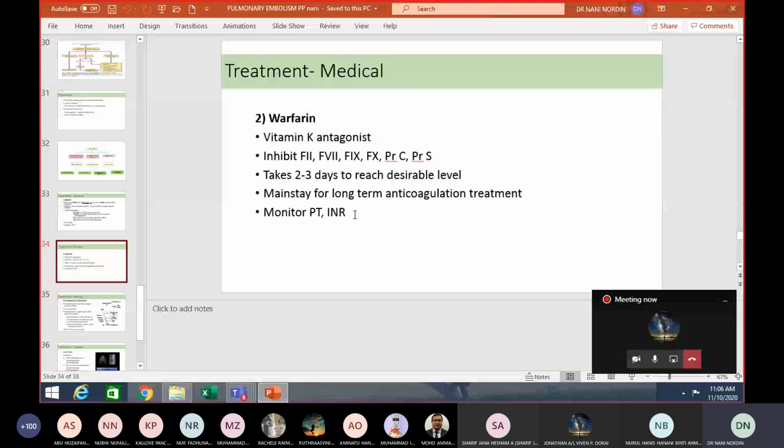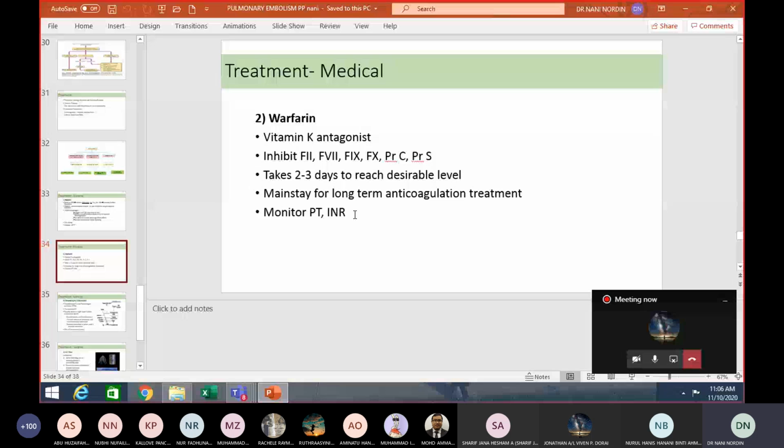So the aim for a patient with PE, when you give warfarin, is that warfarin is the mainstay for the long term. Heparin is only for short term. After a few days, when the warfarin starts to kick in, you want to remove your heparin, so the patient will go back with warfarin.